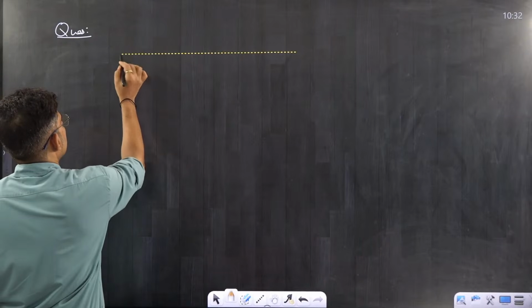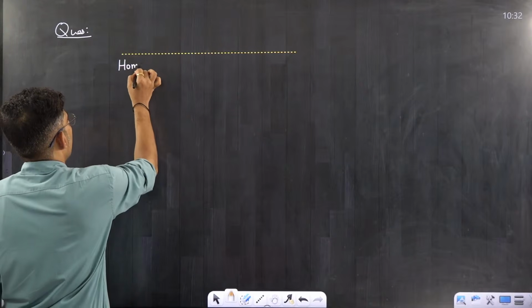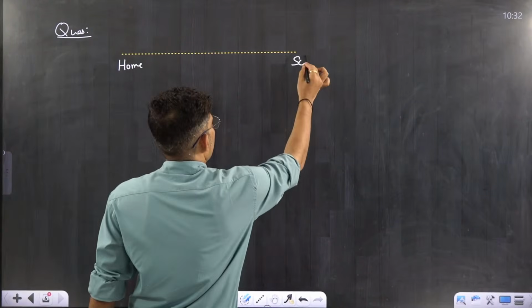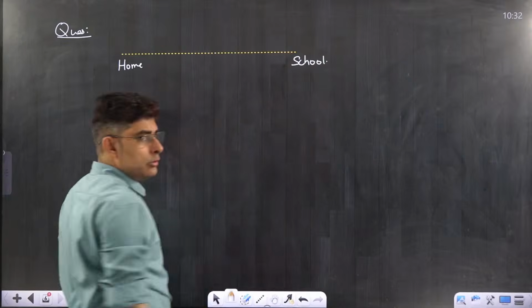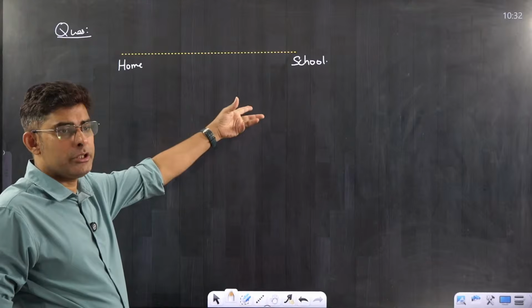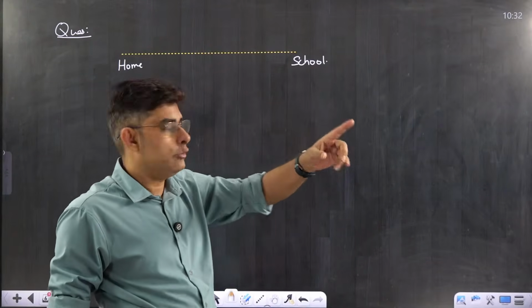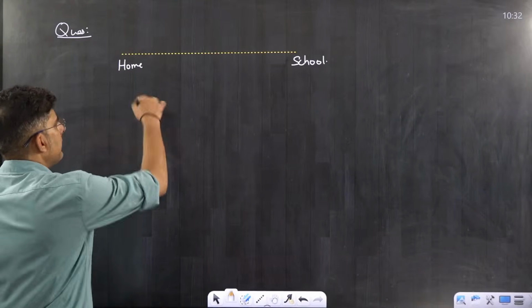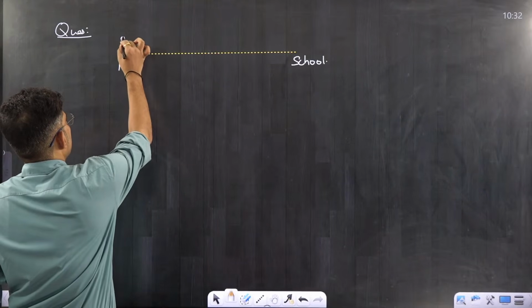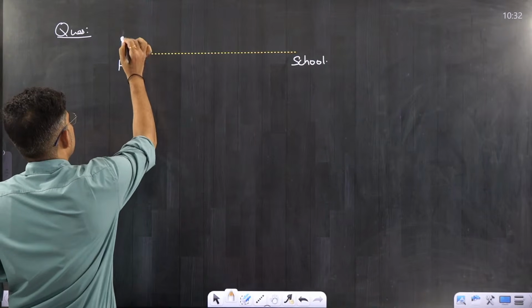Here we have home and school, and we will try to frame values on our own. Like the previous 3-4 questions, I took almost similar data. So here also we'll try to change the question by changing the data.